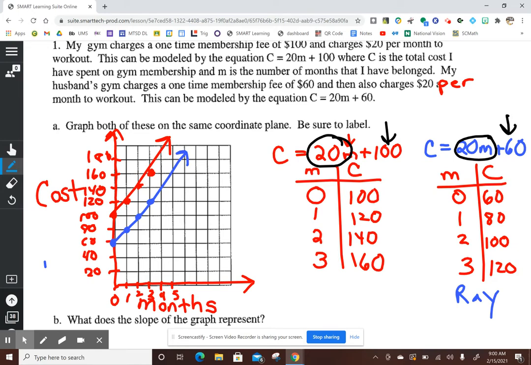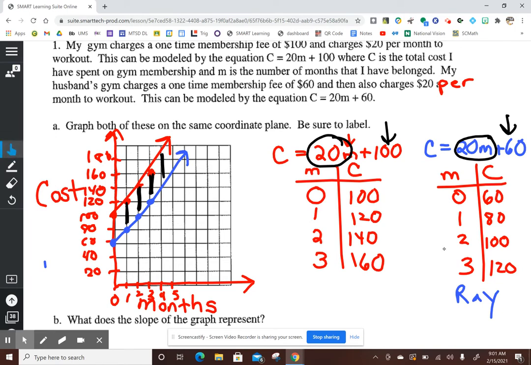And when lines have the same slope but different y-intercepts, they are parallel. And what this shows you is that the difference between what I pay and what my husband pays stays the same over time. Because the slope is the same, the difference stays the same.